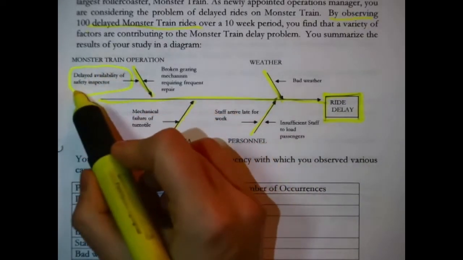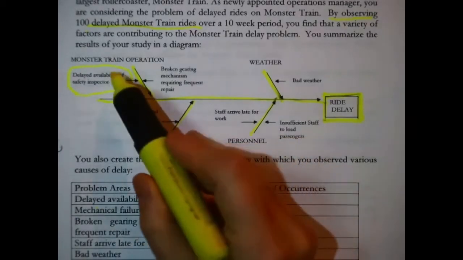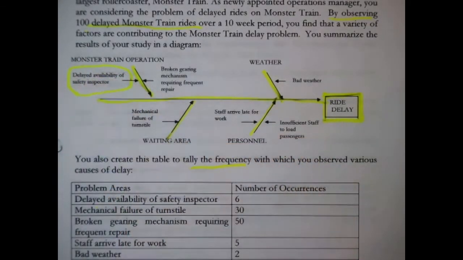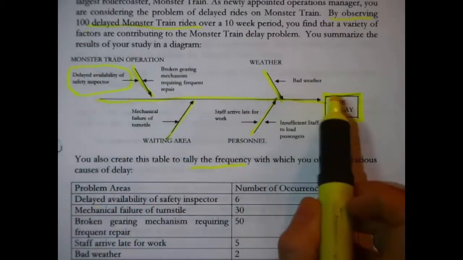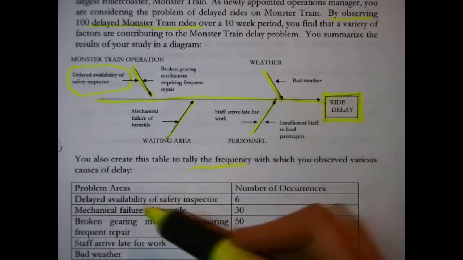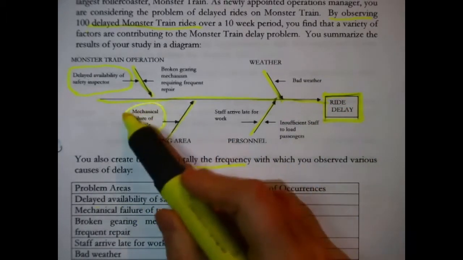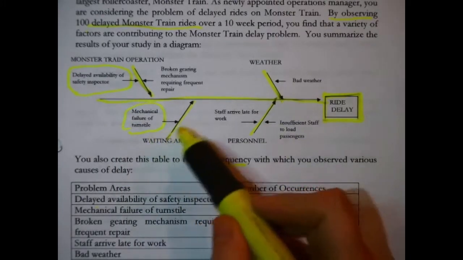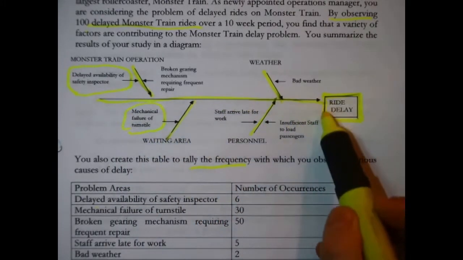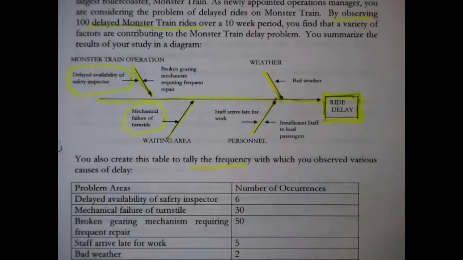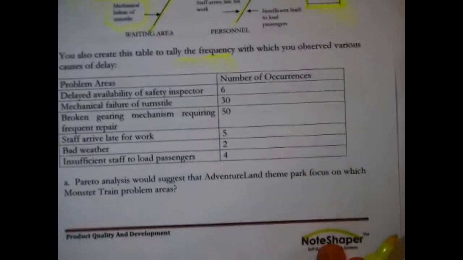So, up here, we saw this 6 times leading to ride delay, versus mechanical failure of turnstile, which we saw active over a 10-week period 30 times. Fine. What is the question?